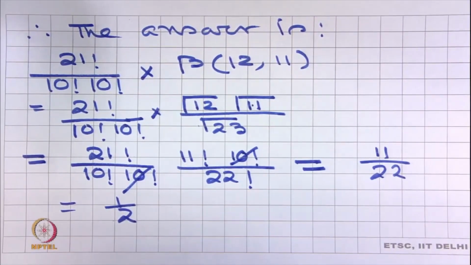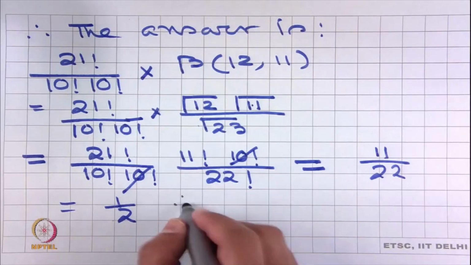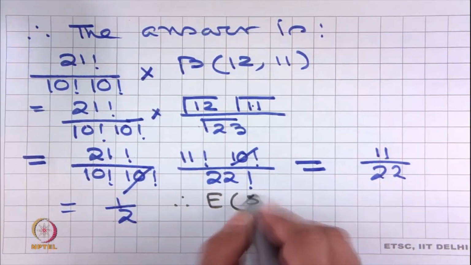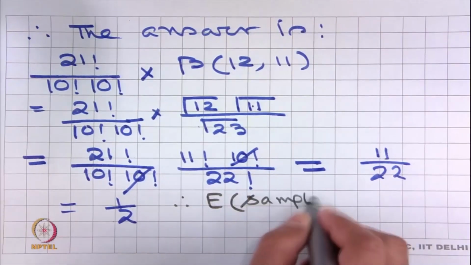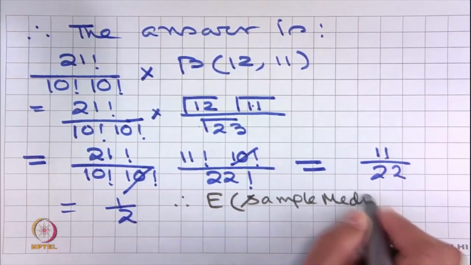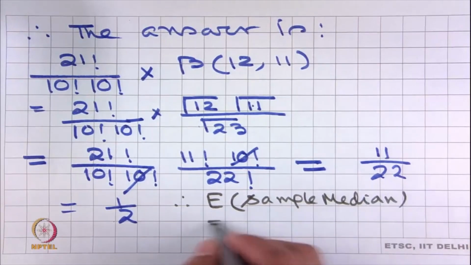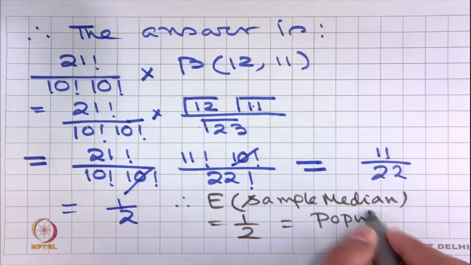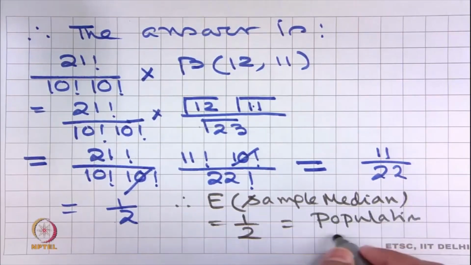Thus, the expected value of the sample median is equal to half, which is the population median.